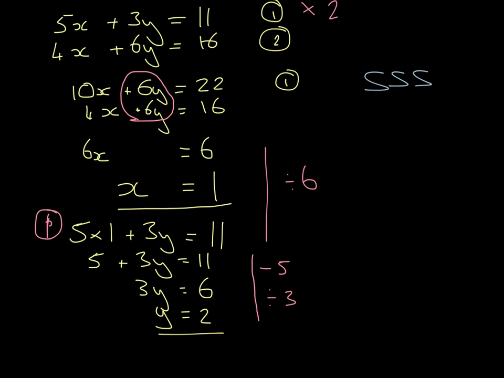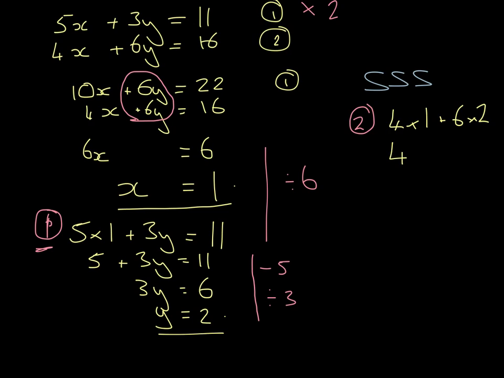Let's check that, very important, into equation 2, the equation we've not yet used. We used equation 1 here. Now to check, we're using equation 2, and we're saying that x is 1 and y is 2. So in equation 2, we now have 4 times 1 plus 6 times 2, and I'm saying that should equal 16.